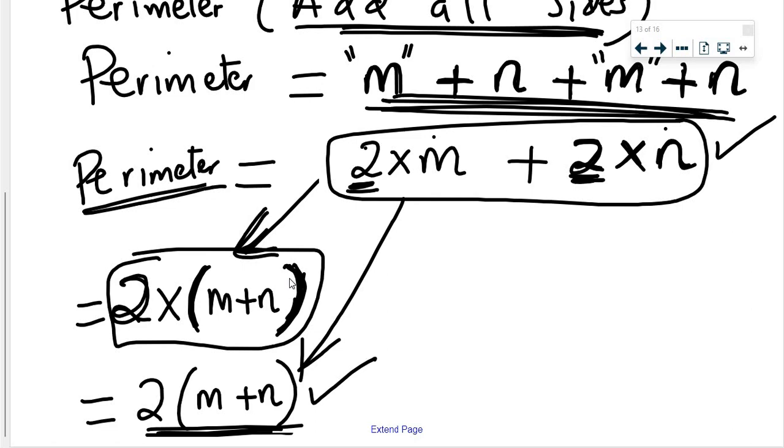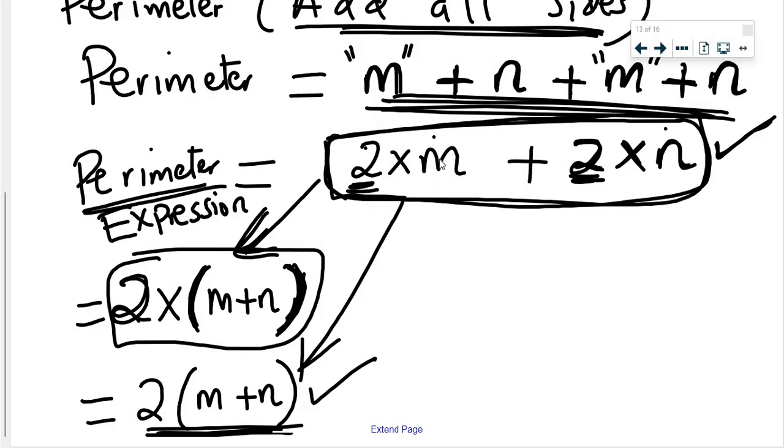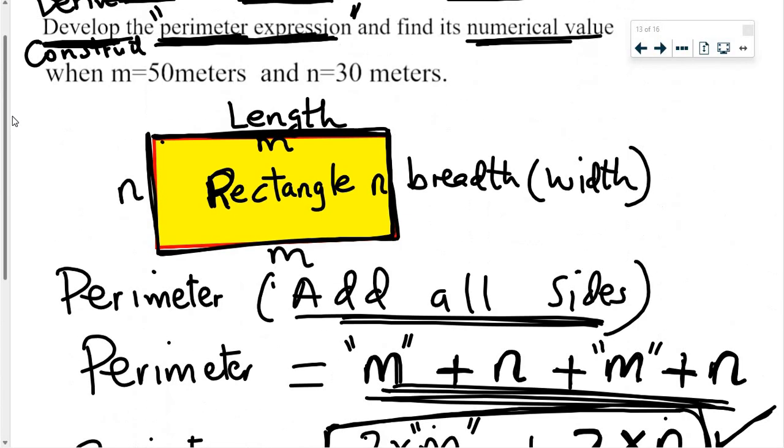But with me, I will go with 2 into m plus 2 into n as the expression for the perimeter. So the perimeter expression for the rectangle will be 2 into the length, which is m in our case.